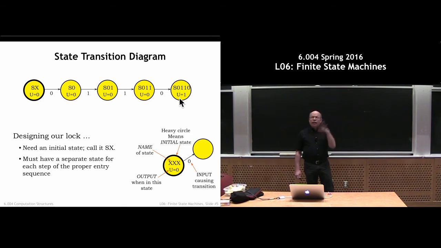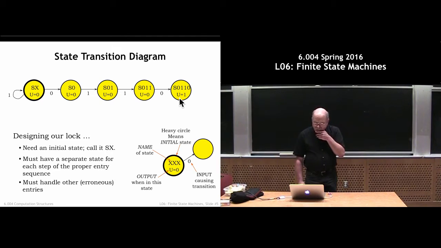Okay, now there's lots of other things I need to fill in, which I'll do with a single stroke of the pen here. I have to describe for every state what happens for all possible inputs. So here's an example. When I'm in the unknown state and the user enters a 1, I still haven't seen any valid bits of the combination.